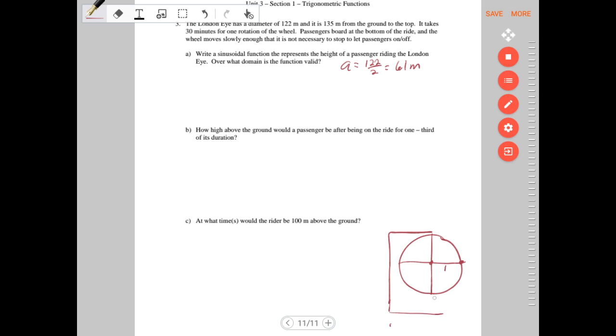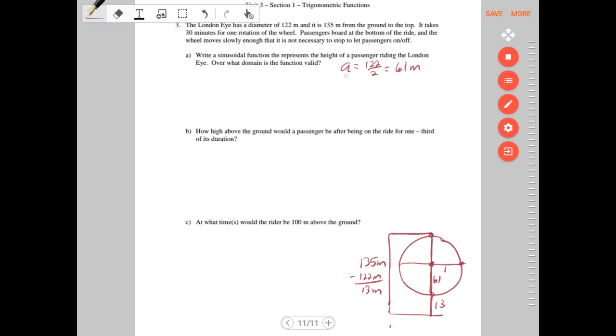Well, we have 135 total, and the circle is 122. So if we subtract those two things, we should get how far it is from the ground. That works out to be 13 meters. So to the middle of the circle then would be 13 meters and a radius of 61, so that puts D at 74 meters.